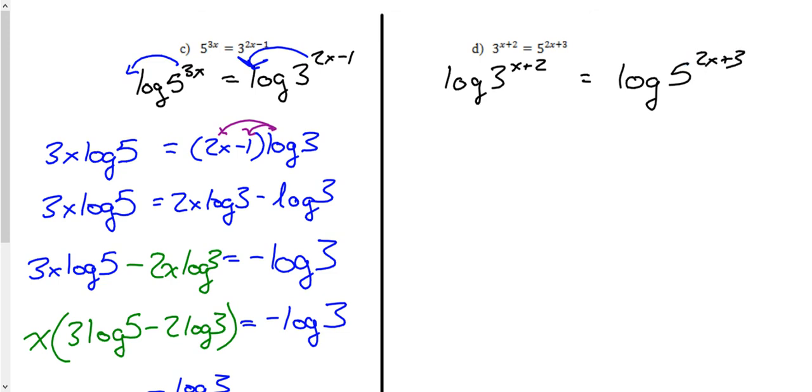And again, the same rule applies where if you had an exponent on your base there, you're going to drop them down in front. So here I'm going to rewrite this as x plus 2 log 3, and that's still going to be equal to this over here. I have a 2x plus 3 log 5.